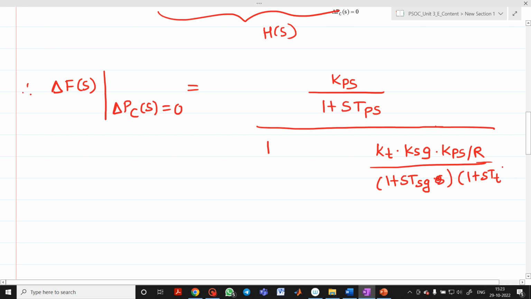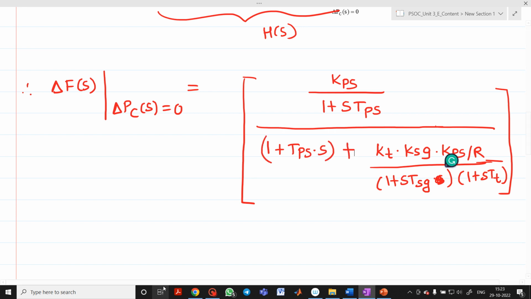Okay, here will not be s. 1 plus s into Tsg, 1 plus s into Tt. So I will write it like this. And what will be here? It is 1 plus Tps into s, plus sign will be there.